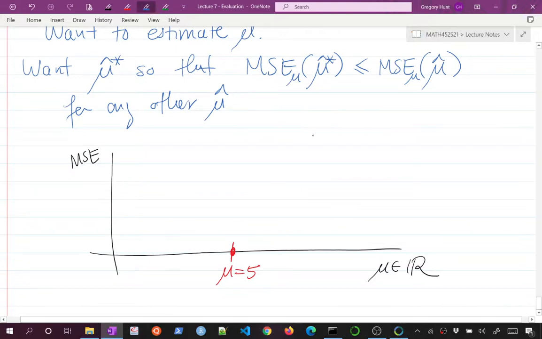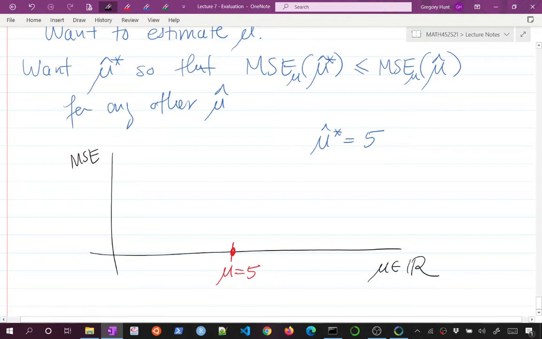What if I choose mu hat star to be the number 5? So mu hat star is supposed to be an estimator. It's supposed to be estimating what the true value of mu is.